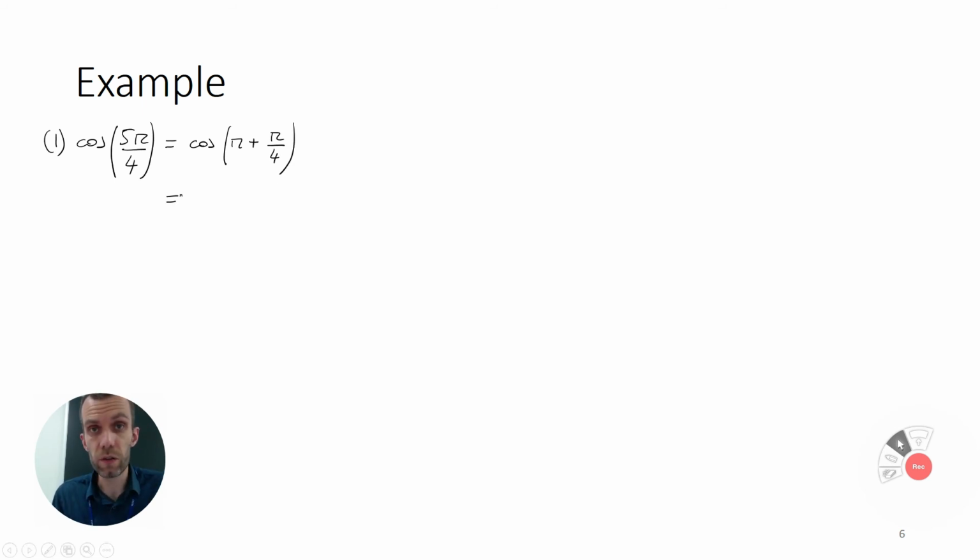And now this is good news because we know something about pi over 4, and we can apply our reflection across the y-axis formula to write this as minus cosine pi over 4. And this is great because, as I said, we know what cosine of pi over 4 is. That's negative square root of 2 divided by 2.